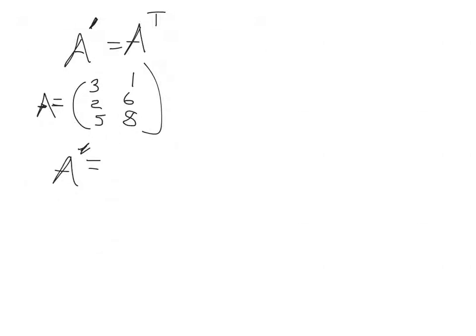So let's say I have my original A matrix, was 3, 2, 5, 1, 6, 8, and A transpose is going to be 3, 2, 5, 1, 6, 8.